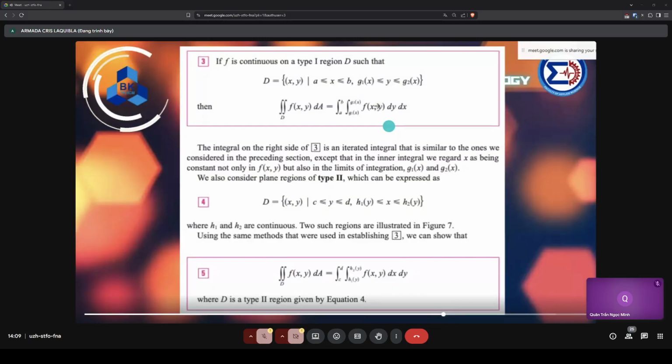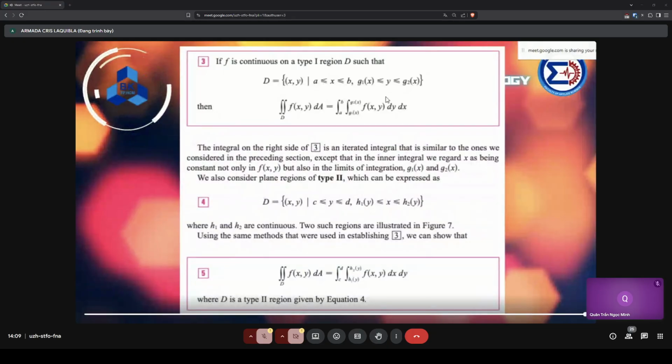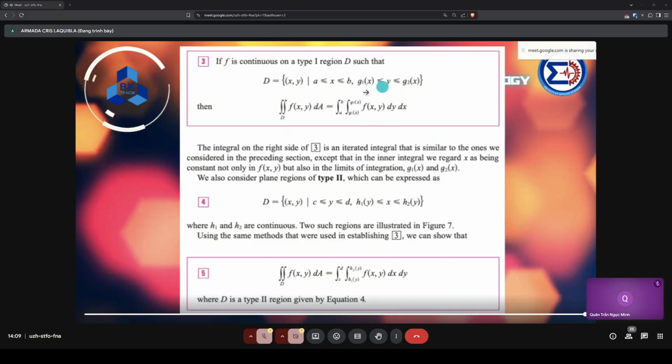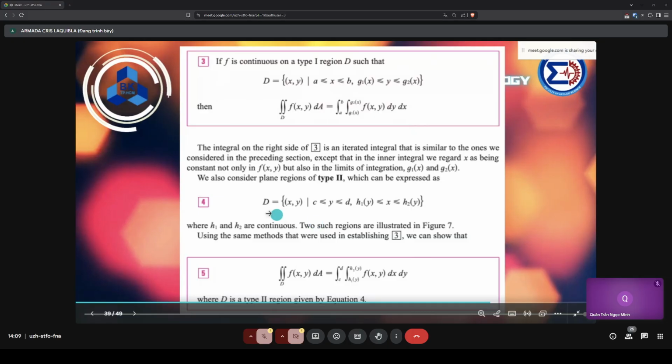If you can imagine it, it looks like there's a function here and then there's a function here on top, and then you just get the volume. This one is for type 1, if your y is bounded by two functions.